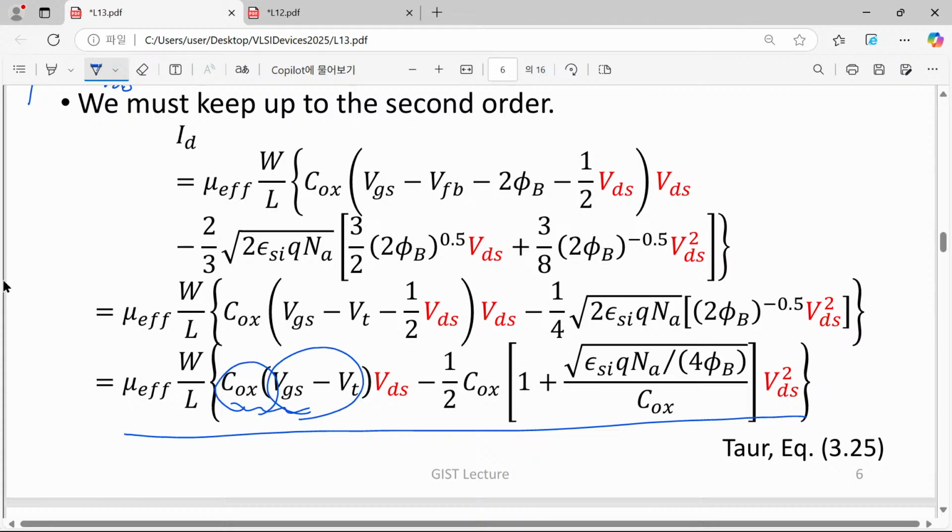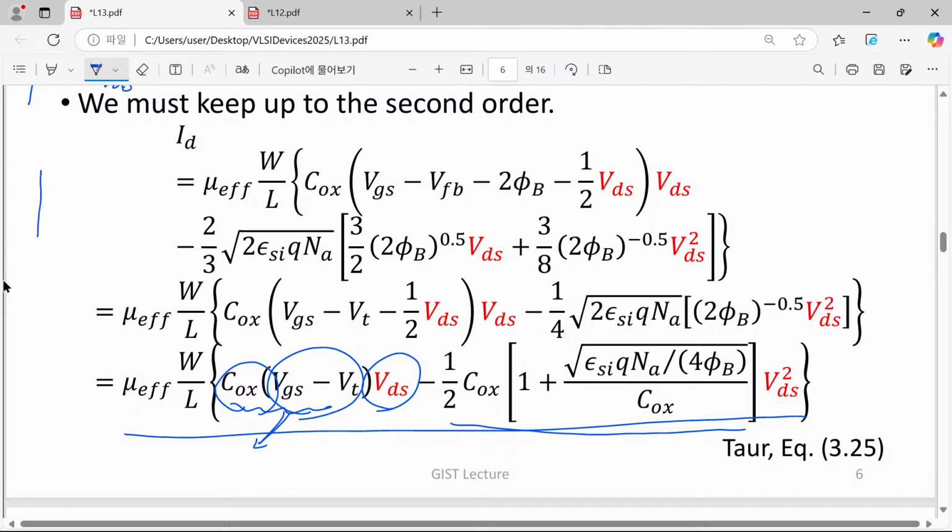This corresponds to the channel charge you have collected at the source side, and here you have just a linear dependency. This corresponds to the triode mode operation of your transistor current. And here you have the second order term.